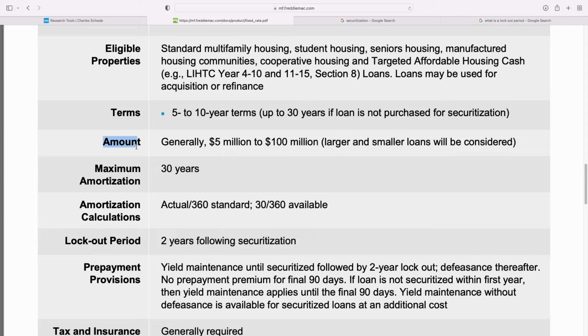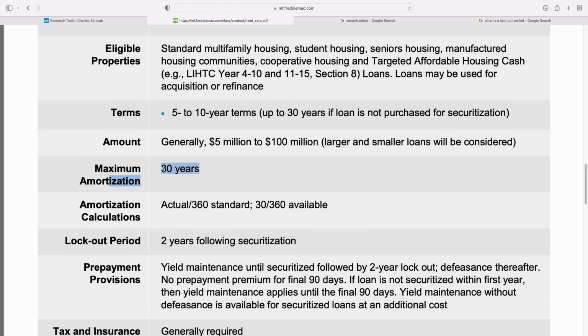Okay, so we got that amount. We talked about this earlier. The general loan amount is between 5 million to 100 million, and larger and smaller loans may be considered on this deal or with this product.